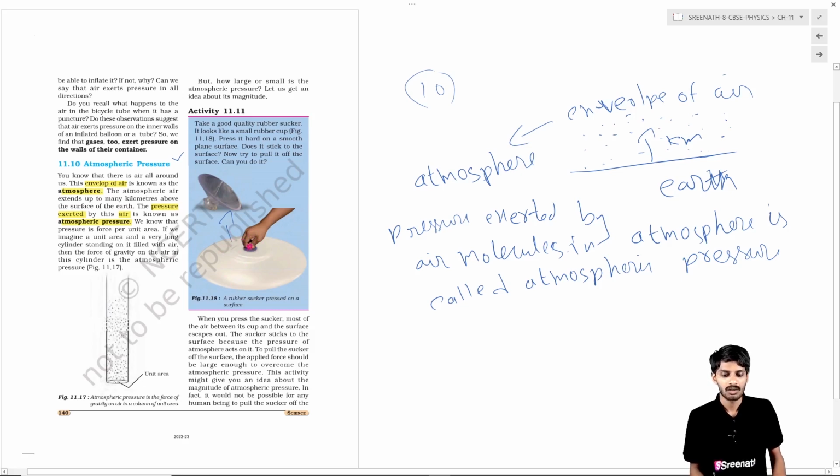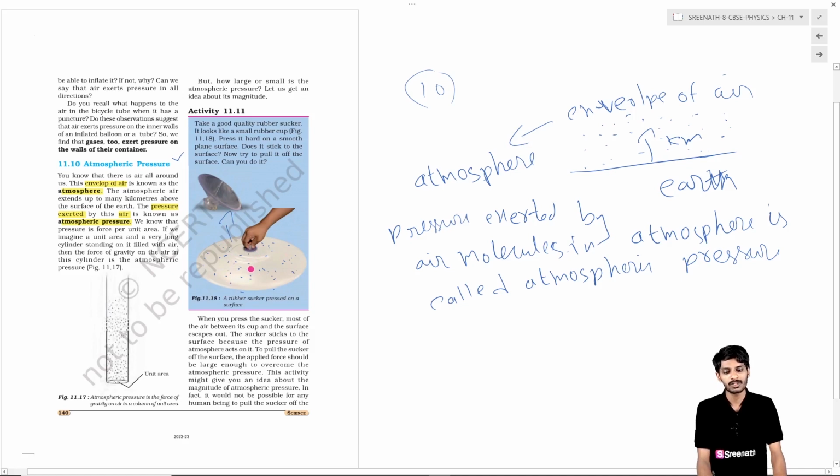Why? Because over this surface there are a large number of air molecules from so much height. The force is acting in this area. Force acting per area is nothing but pressure. Basically, there are gas molecules on the upper side in the atmosphere. They are above this lid, and they are acting on this area.